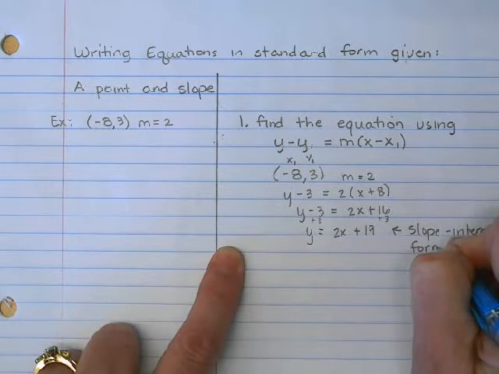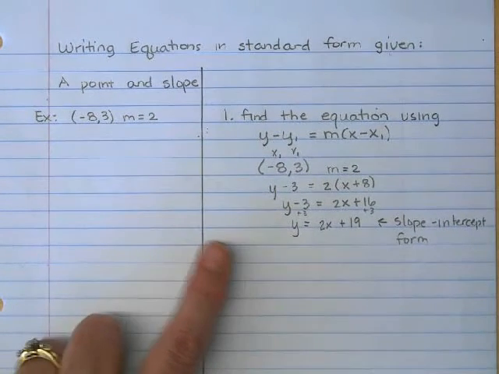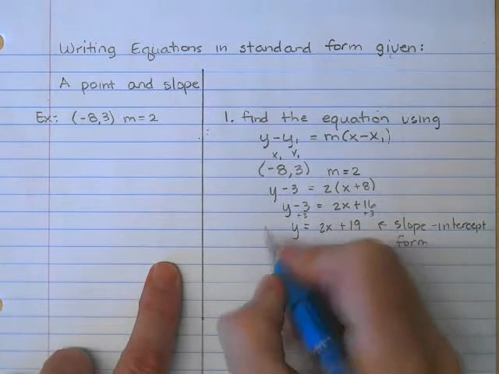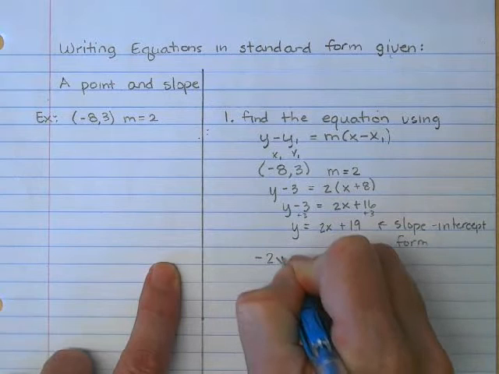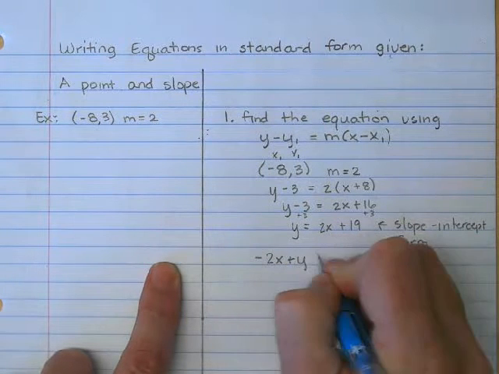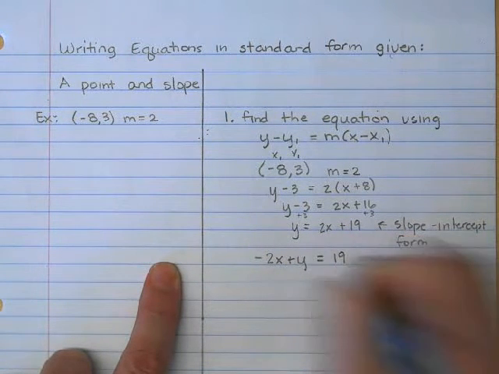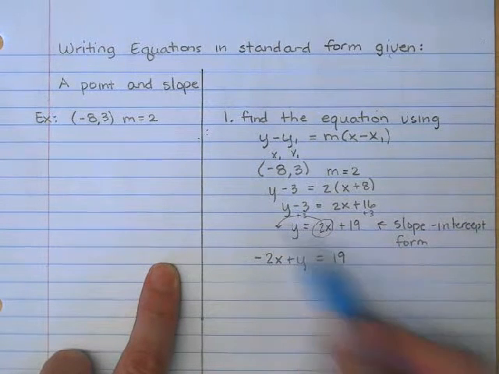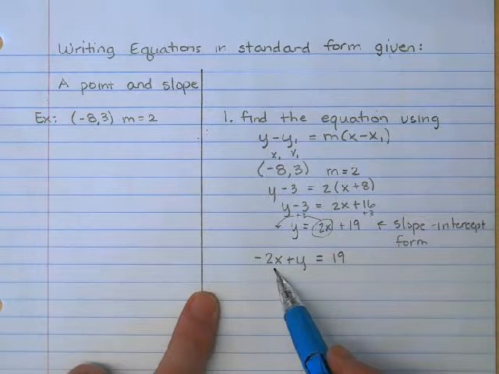Okay, now I'm going to change it. So I always start with slope-intercept form. Now I have to have x and y on the left. So I took this 2x and moved it to the left side, so it changed signs.